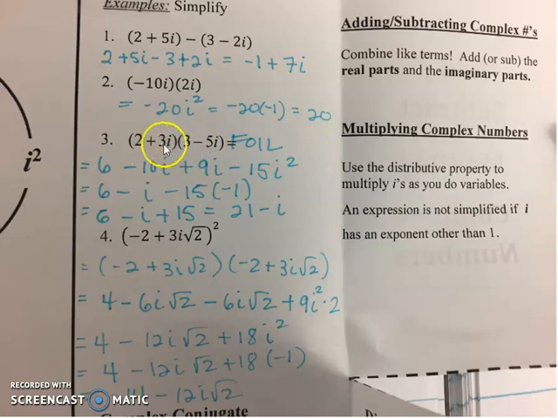For the next one, we have two complex numbers being multiplied together. We would FOIL this just like we would a binomial times a binomial. So we would do 3 times 2 for the first, 2 times negative 5i for the outer, 3i times 3 for the inner, and positive 3i times negative 5i for the last.